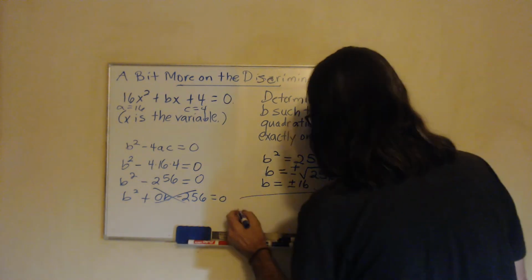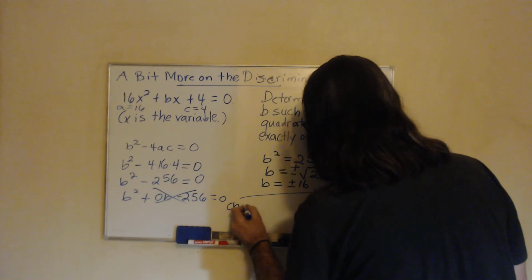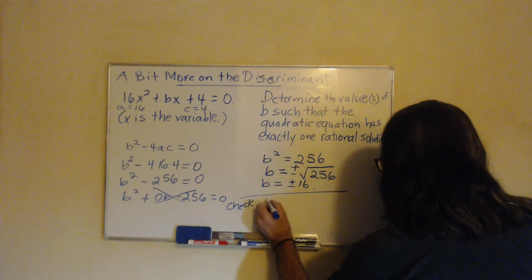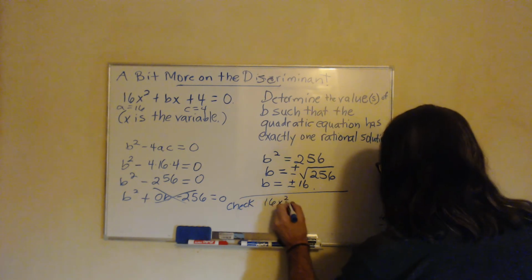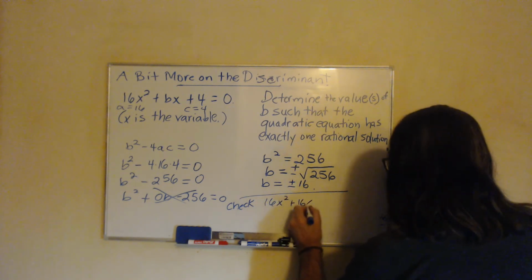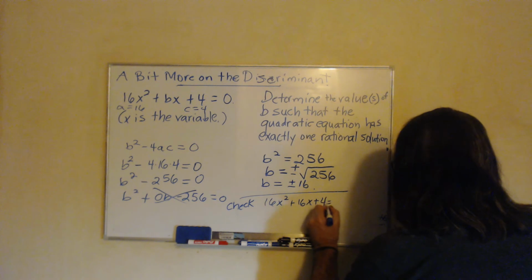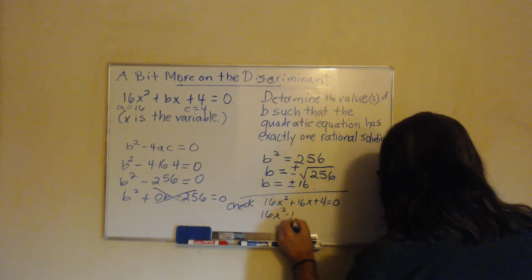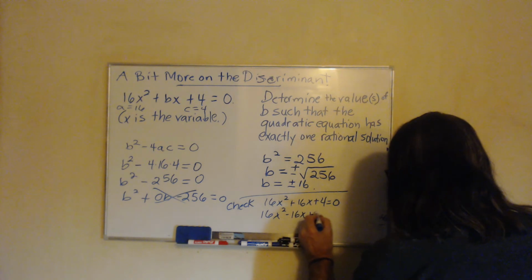As a quick version of a check, that would mean that we've got 16x squared plus 16x plus 4 equals 0, or 16x squared minus 16x plus 4 equals 0.